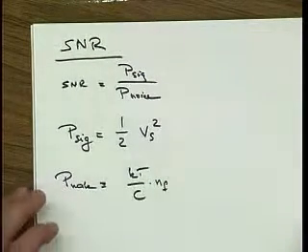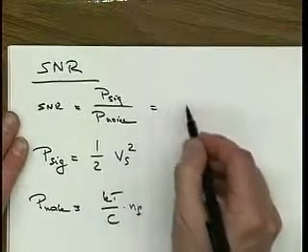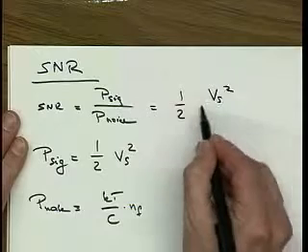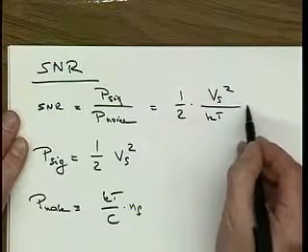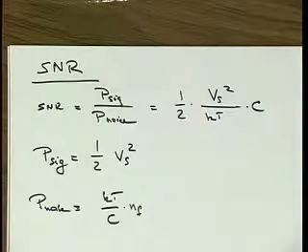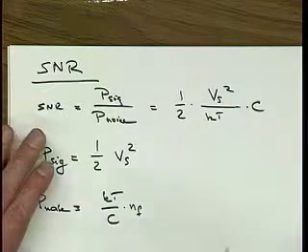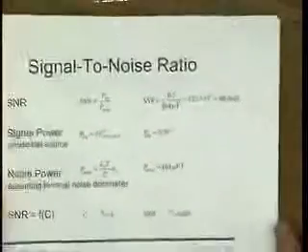So the signal-to-noise ratio consequently is equal to 1/2 times V signal squared over kT/C times NF. So if we want to have high signal-to-noise ratio, then we want to have large C. In particular, the signal-to-noise ratio then is measured in dB, and I guess I can use my slide here.